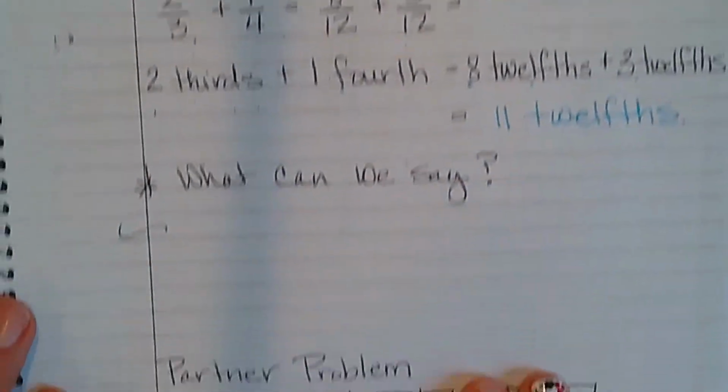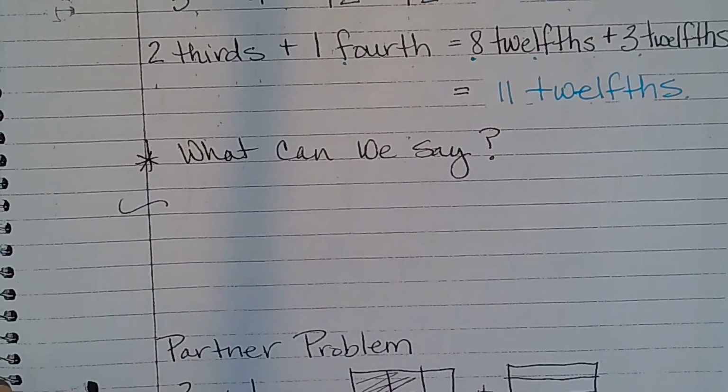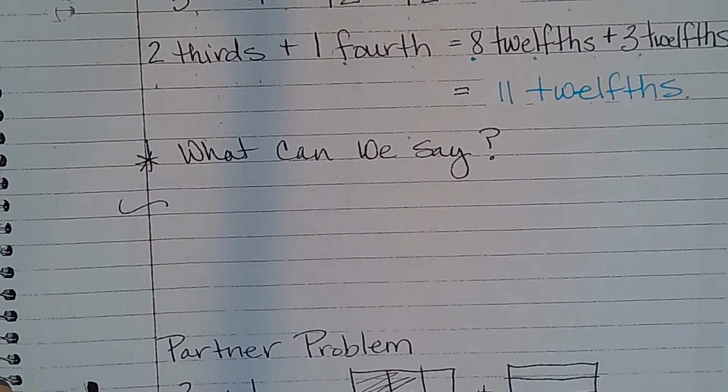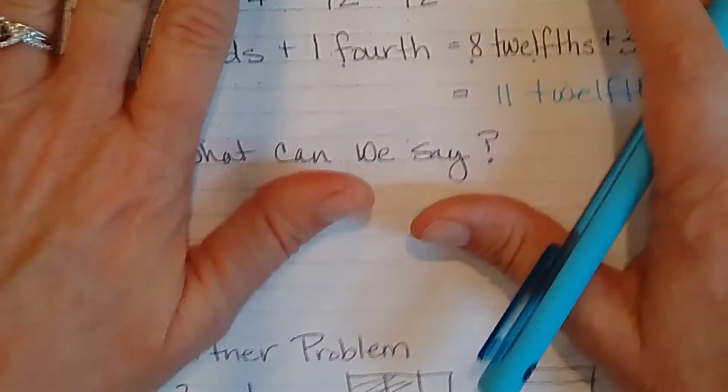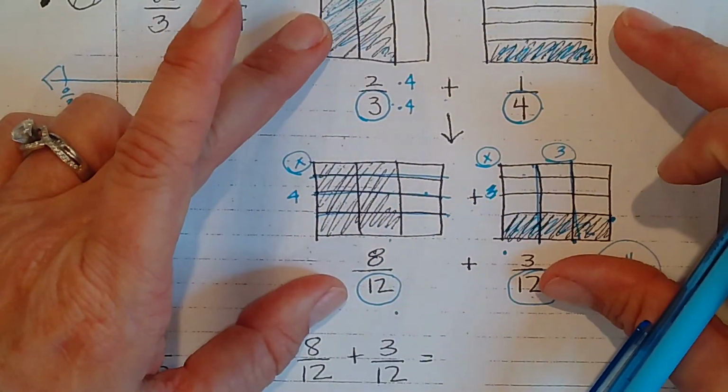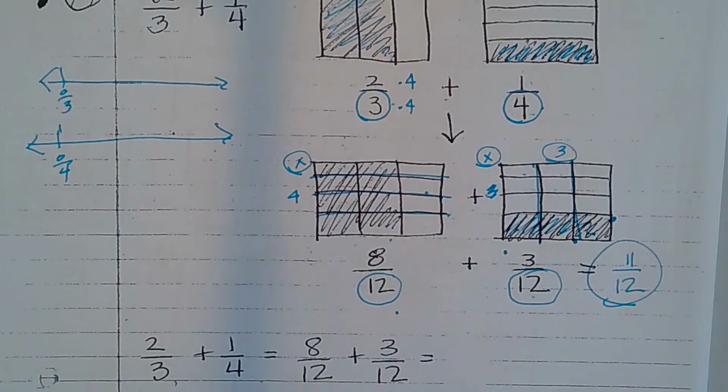All right. What can we say about it? What do you think? So you know that when you are adding two different fractions, you need to create like units. That is the big idea, like units.